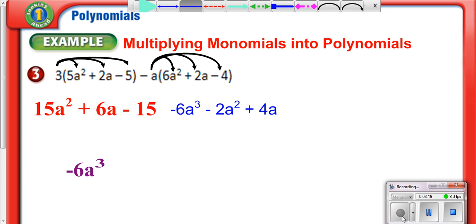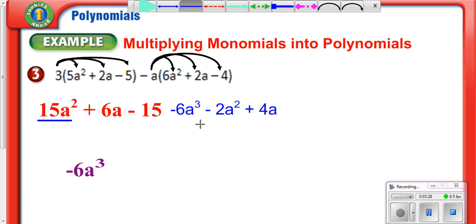Now, looking at the rest of my expression, I do have some like terms. My next degree that I'd write down would be squared. Well, I have a positive 15a squared, and that is a like term with negative 2a squared, giving me a positive 13a squared. Next, I do have some terms that have an a value, so those would be my like terms here.